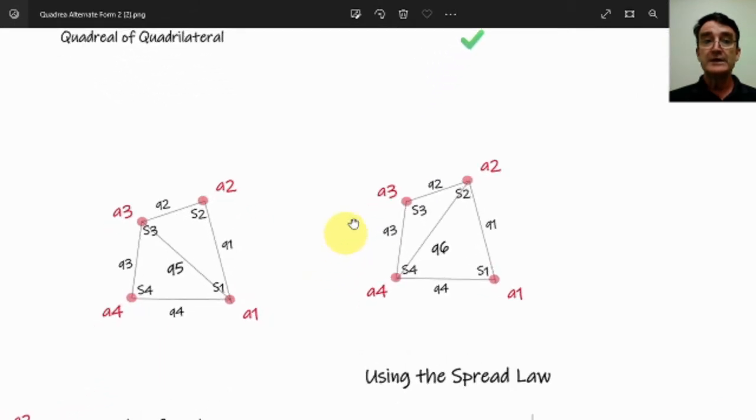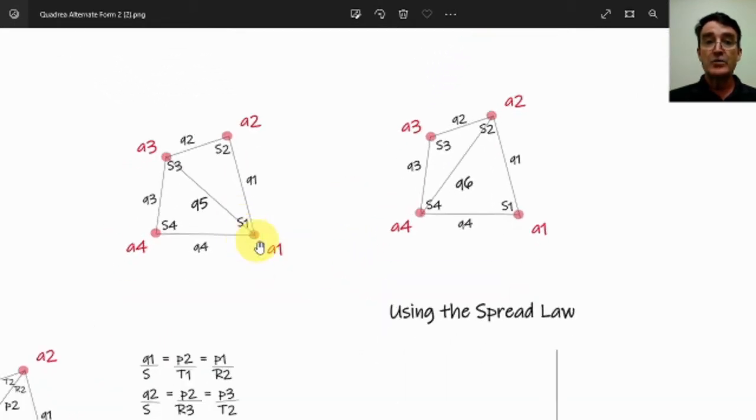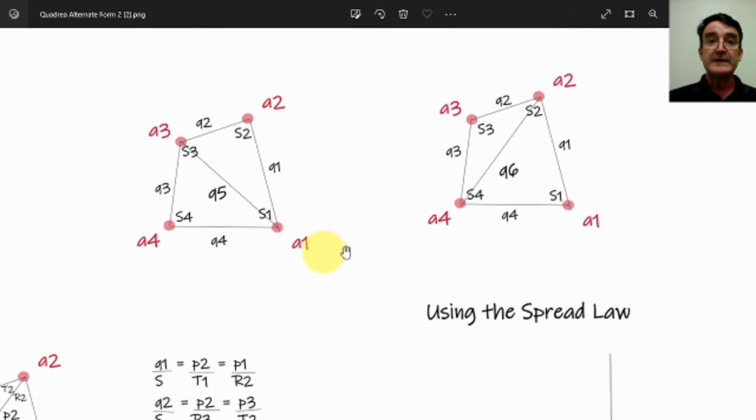Here we have a quadrangle with projective points A1, A2, A3, and A4. The quadrance between projective points A1 and A2 is Q1. The quadrance between A2 and A3 is Q2.